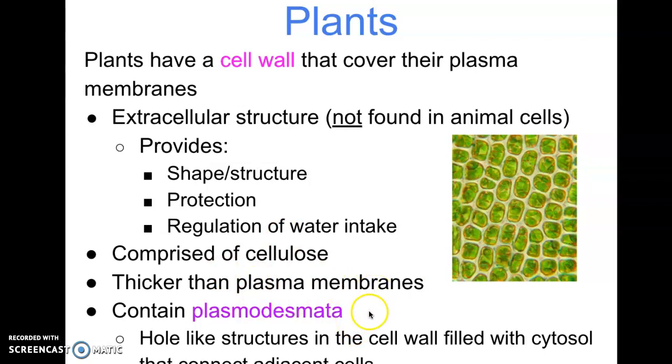These cell walls are very thick, okay, to help give the cell structure because of the arrangement of the glucoses that are in there. But they also contain little teeny tiny holes called plasmodesmata, which are little channels from one cell to the next, okay?